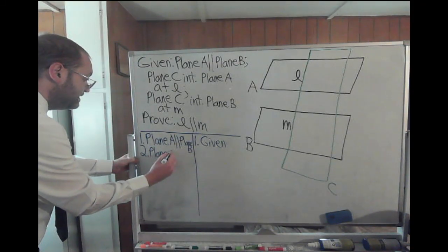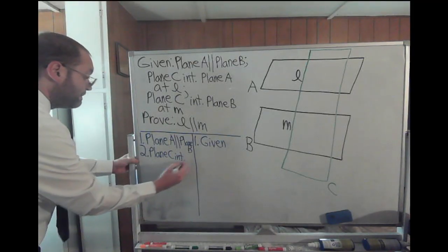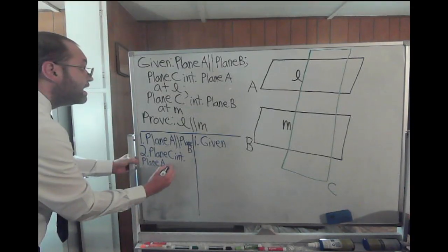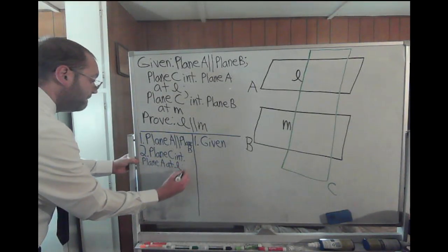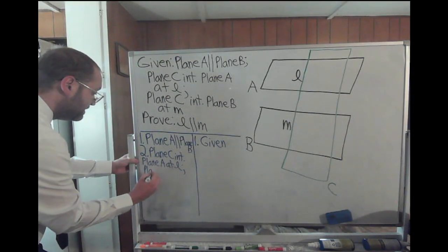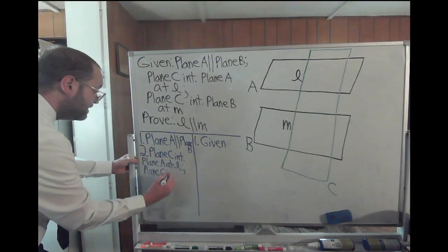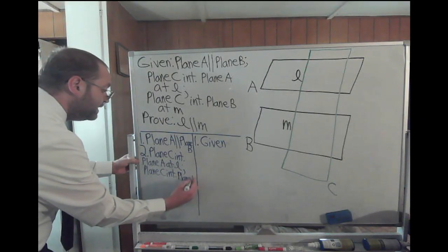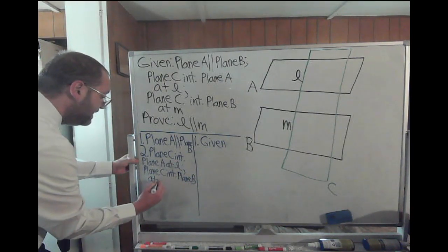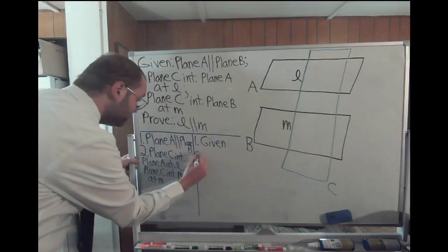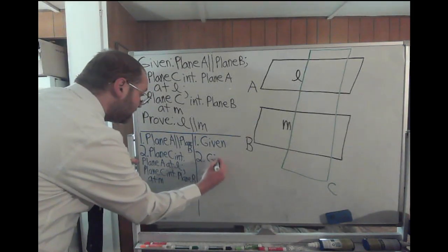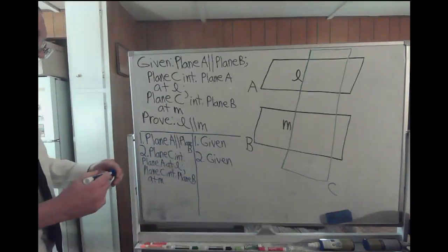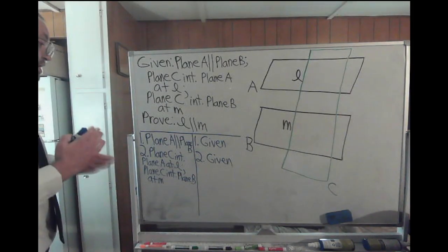Plane C intersects plane A at L, plane C intersects plane B at M. That was also given to us. So we have both givens for the first and second statement. Where do we go from here?